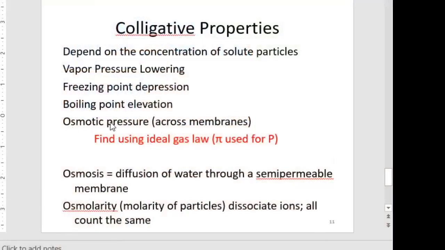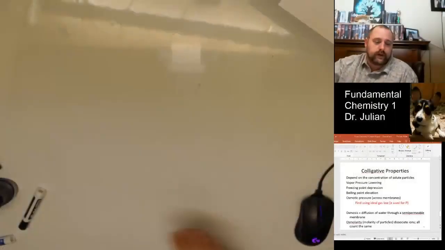Here we've got osmotic pressure, the pressure across the membrane. So most of you have studied osmosis. I'm gonna leave you to look at that. One thing real common there is it looks just like the ideal gas law. Let me show that real quick.